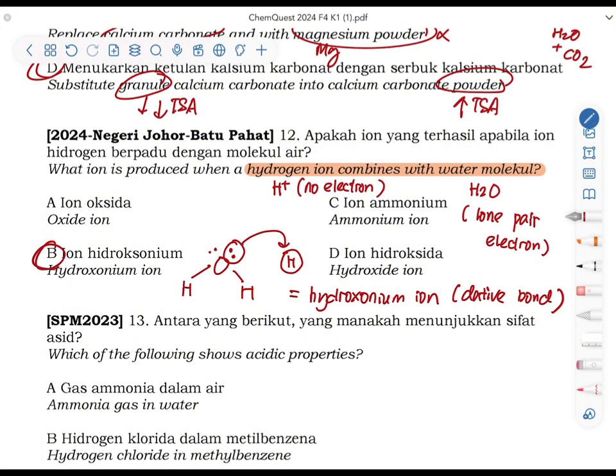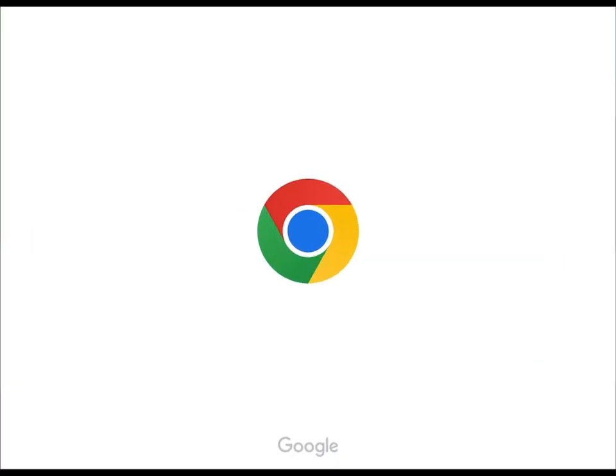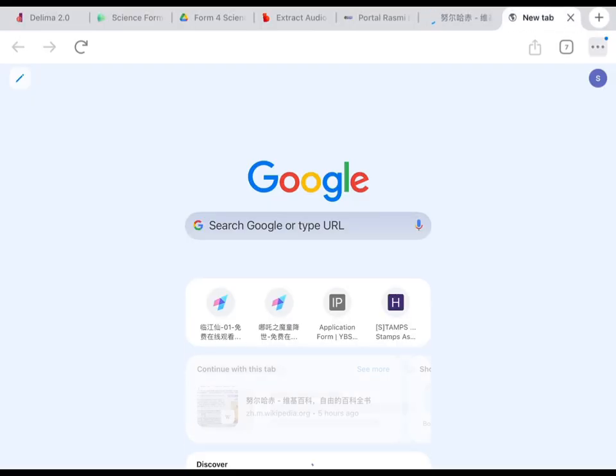So you will get the solution, the chemical formula, which is like this.